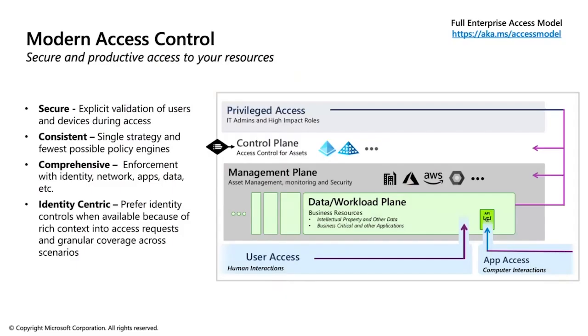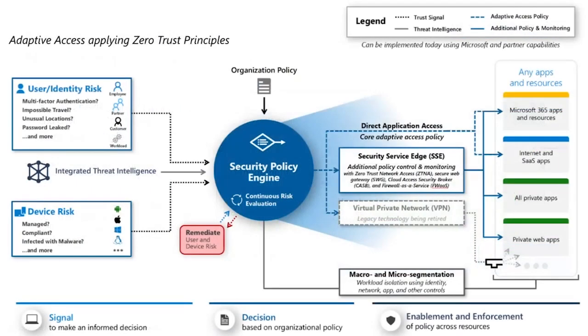Now, what next do we have? In a zero trust perspective, when we apply adaptive access in zero trust design, you see here we have six main pillars: identity, device, applications, infrastructure, network, and data.